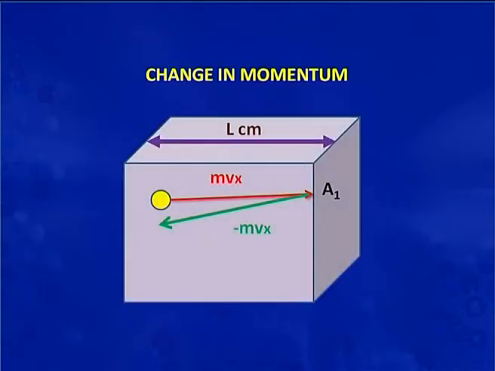After collision, when it rebounds, the momentum is minus mvx. So, the total change in momentum per molecule per collision on the face along the x direction is 2mvx.